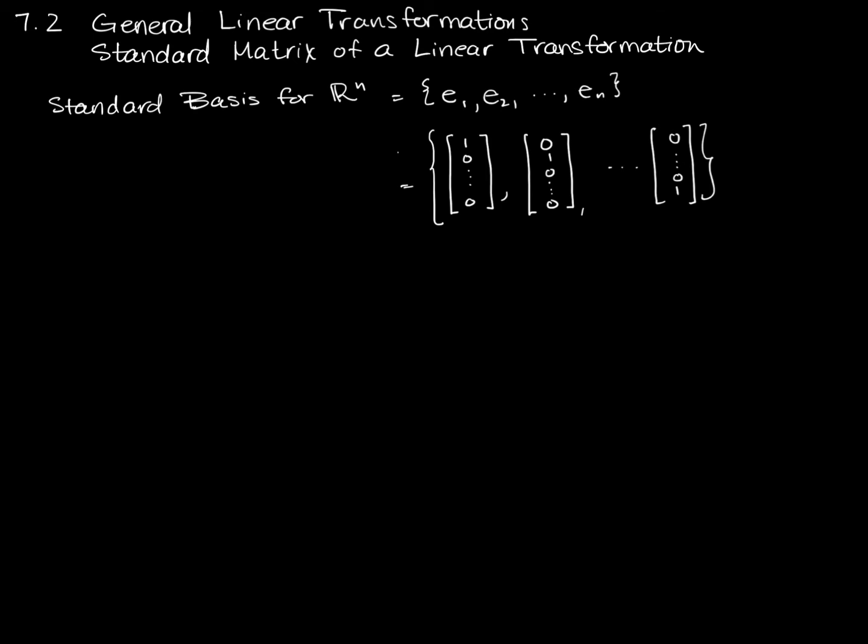That's the standard basis. But the standard matrix is just a matrix A whose columns correspond to each of these column matrices or vectors. So I can say that the standard matrix is 1, 0, and so on. Let me make sure I get the right number of zeros in here.